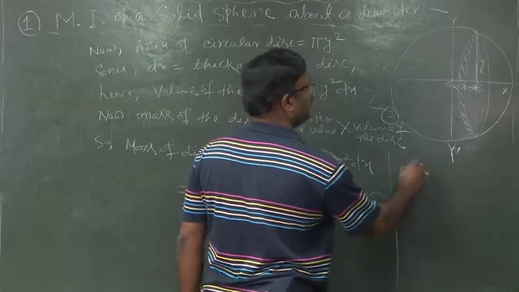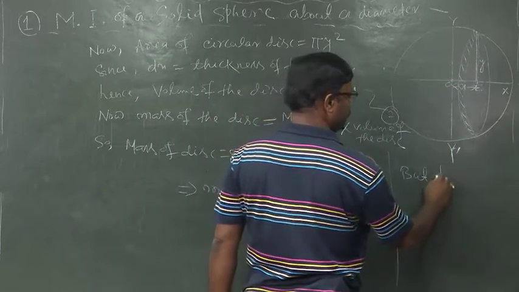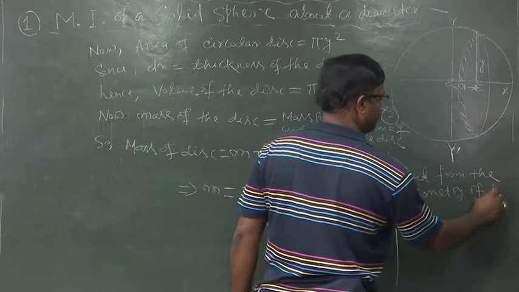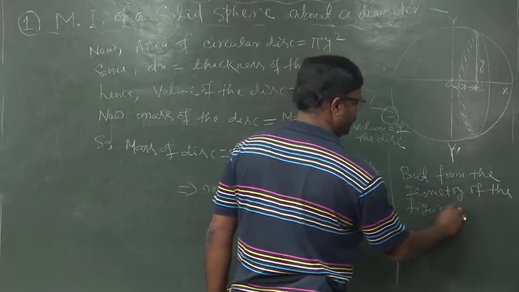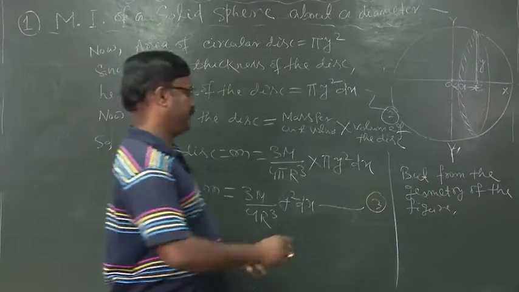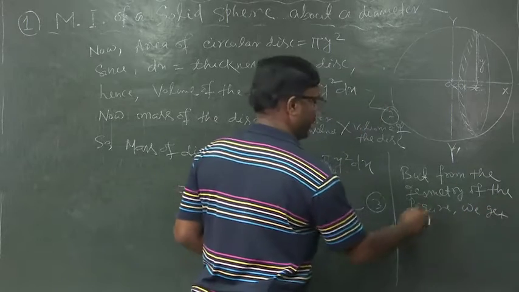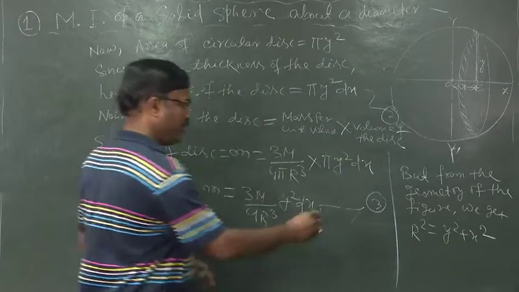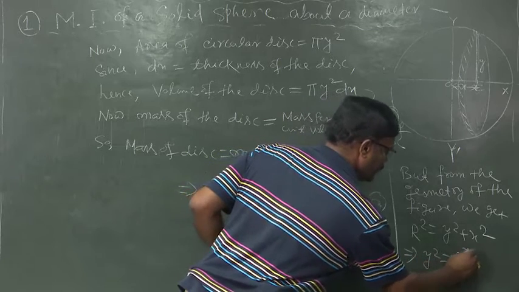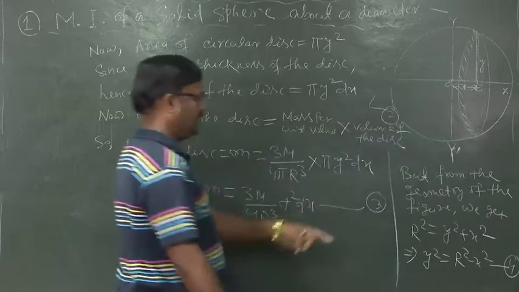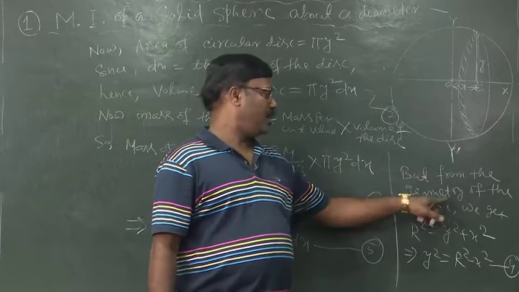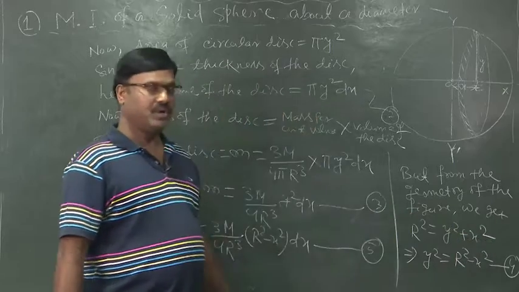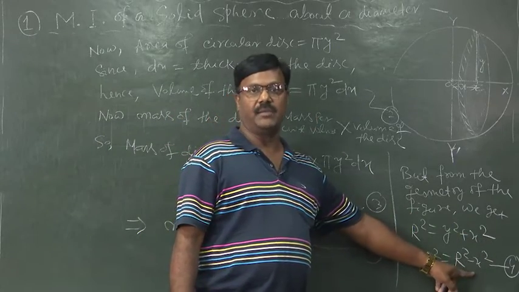But from the geometry of the figure, we get r square is equal to y square plus x square, which implies y square is equal to r square minus x square.